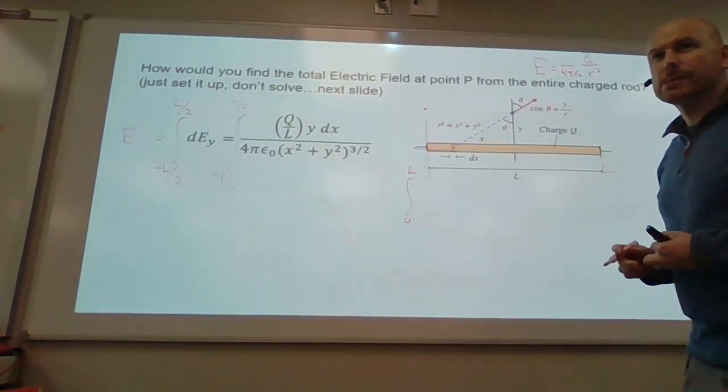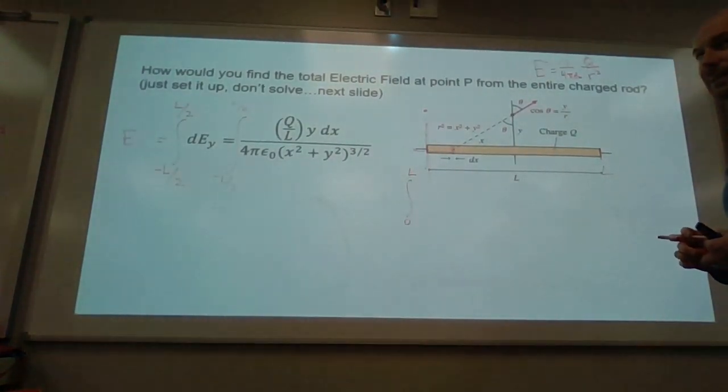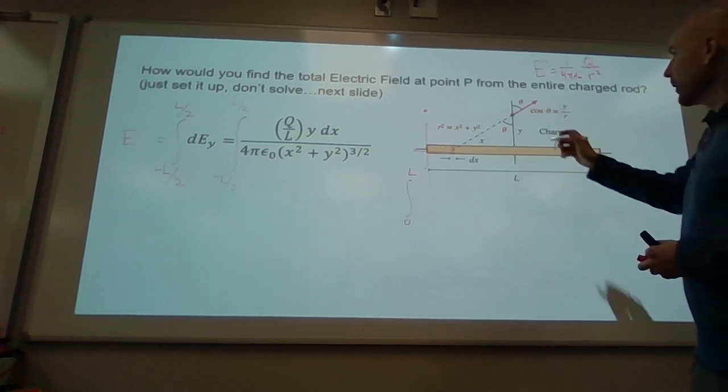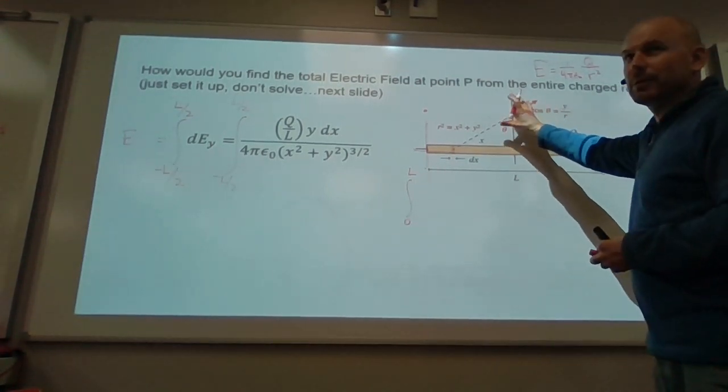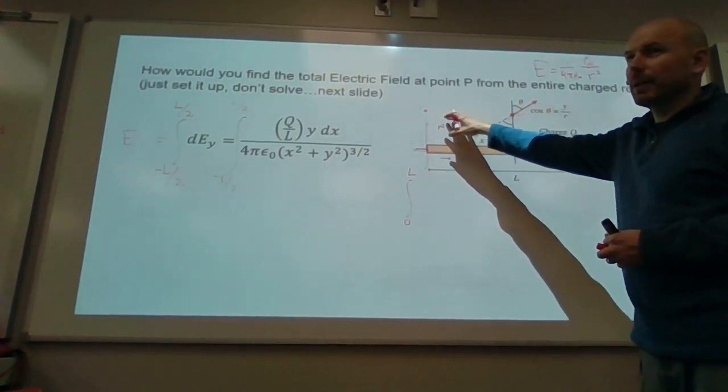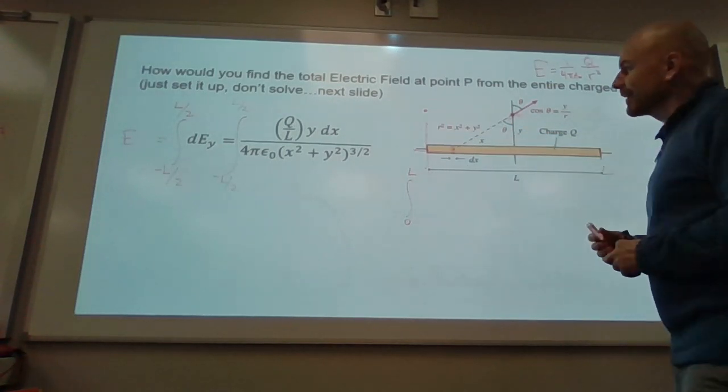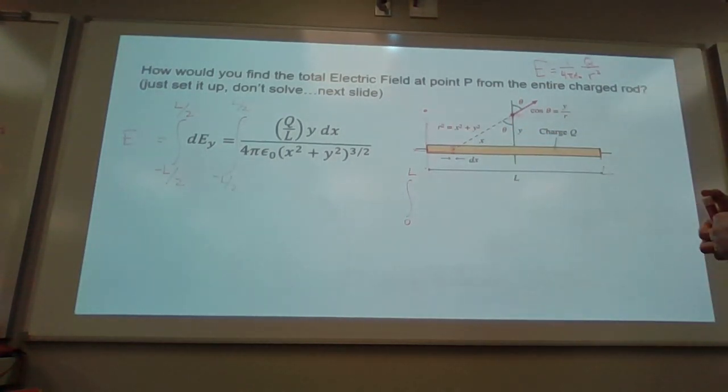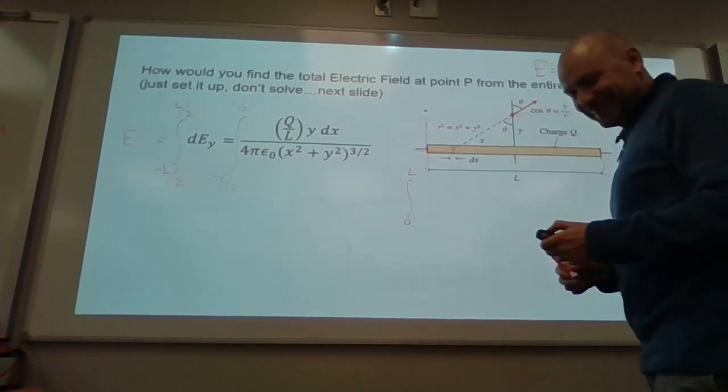So I'm ignoring this. Then it hits. Because if x is 0, it has to be directly above x. Yeah. Okay. Good.